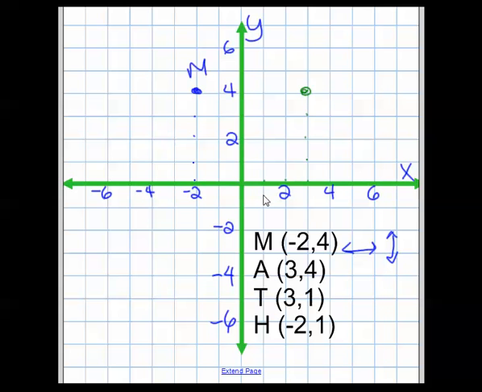So let's put an A right there. For point T, again, I need to go over 1, 2, 3, and I'm going to go up 1. Let's put the point T right there. And finally, for point H, I need to go over negative 2 and up 1. If I go through, I can now connect these 4 dots all together.